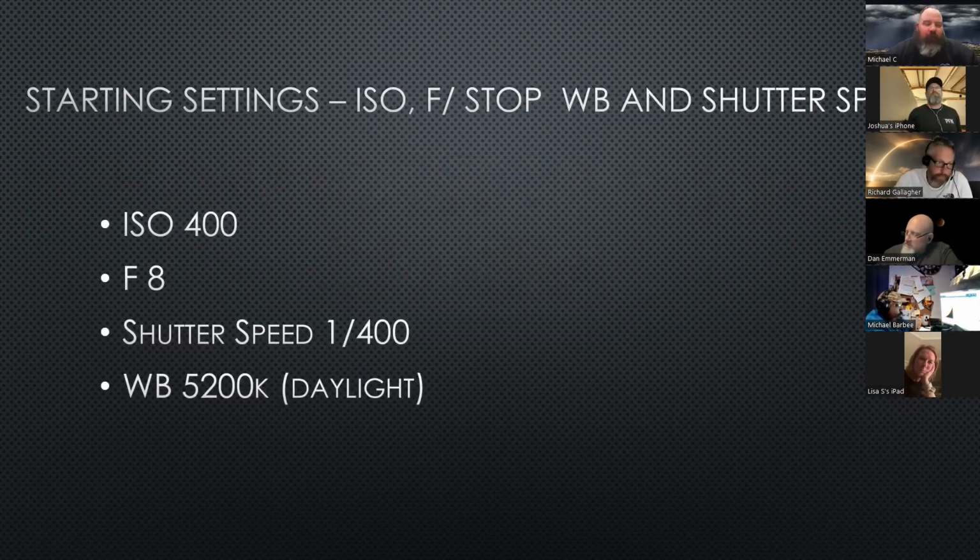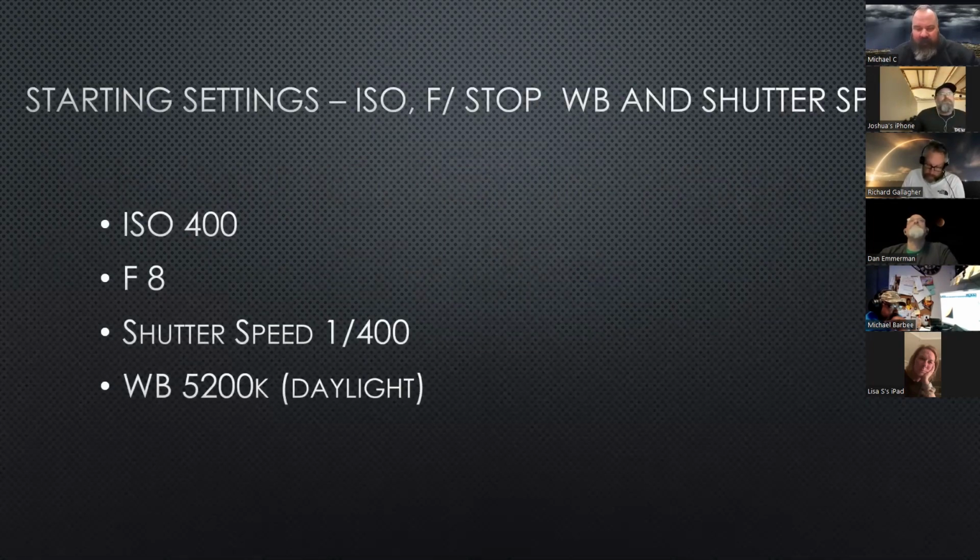A basic good starting point to go off of: if I don't know anything at all, I'm going to set my ISO around 400, do an F8 for the focal length, shutter speed about a 400th, and either dial in my white balance on my Kelvin to a 5200 or set it to my sun or daylight setting on the white balance.